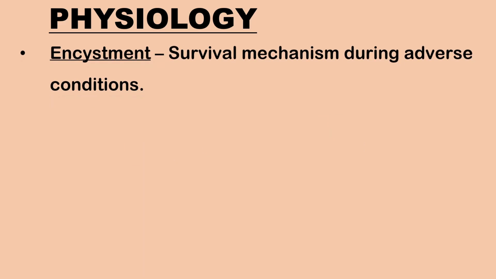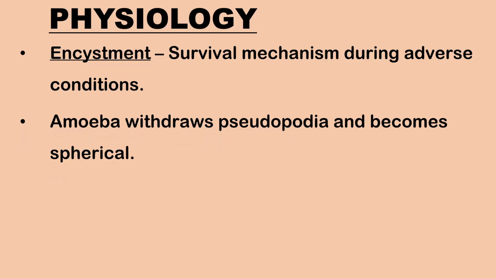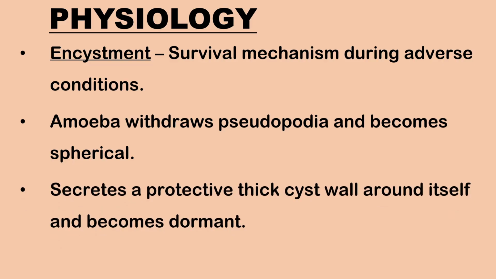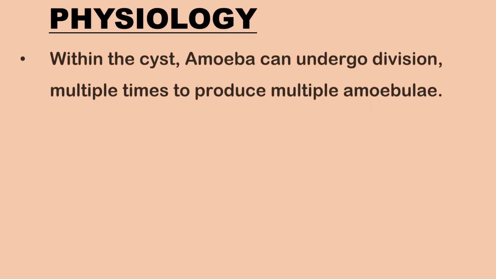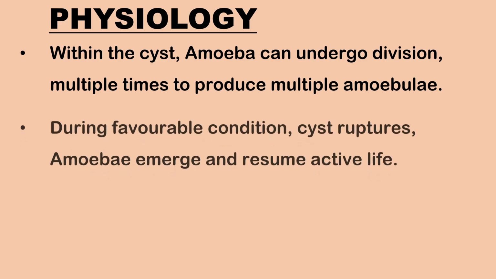Encystment is a survival mechanism during adverse conditions. Amoeba withdraws its pseudopodia and becomes spherical. It secretes a protective, thick, multi-layered cyst wall around itself and becomes dormant. Within the cyst, the amoeba can undergo division multiple times to produce multiple amoebulae.